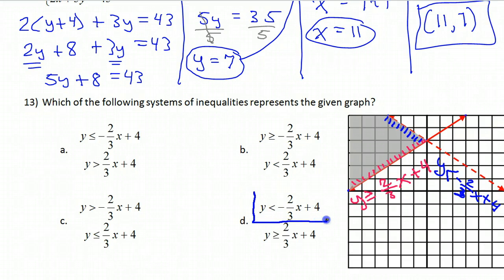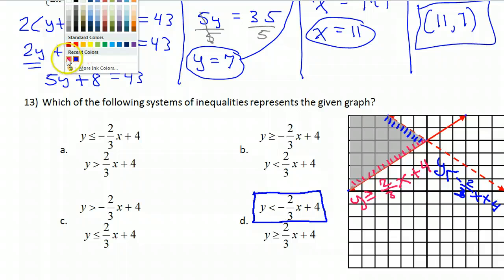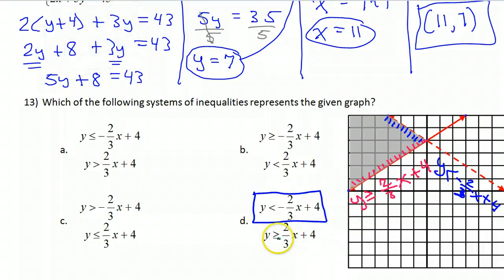This is the one equation. That's the only one I saw, so I really hope this is the answer. But then I look at the other one, and sure enough, it says y is greater than or equal to 2/3 x plus 4. Therefore, that's a match, and the answer is, in fact, D.